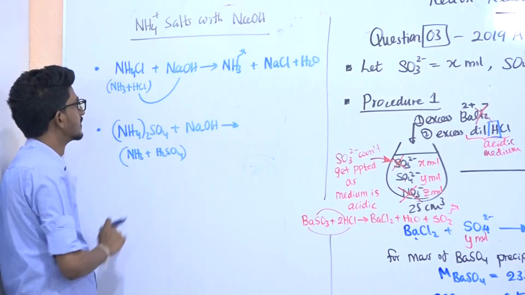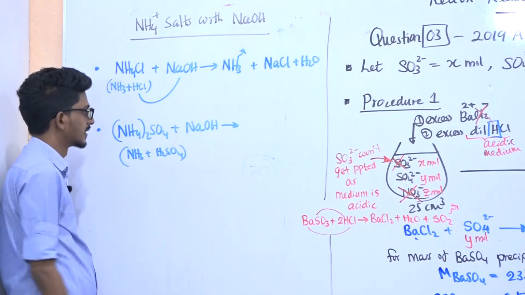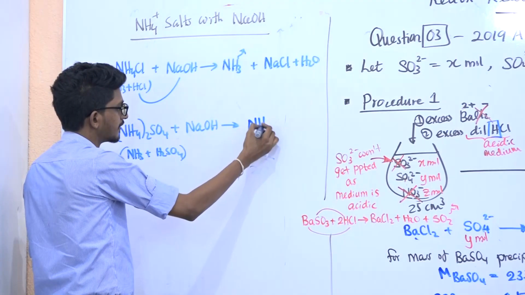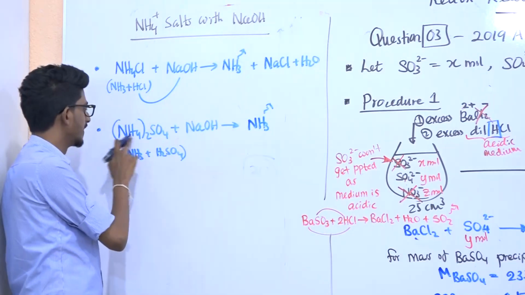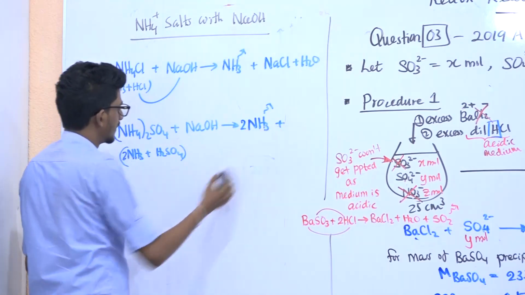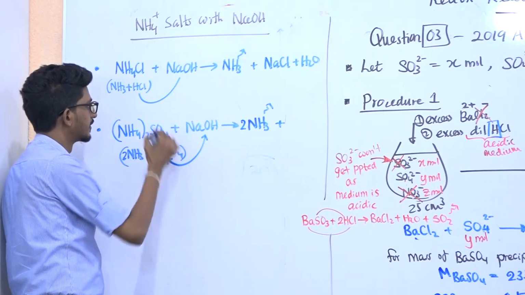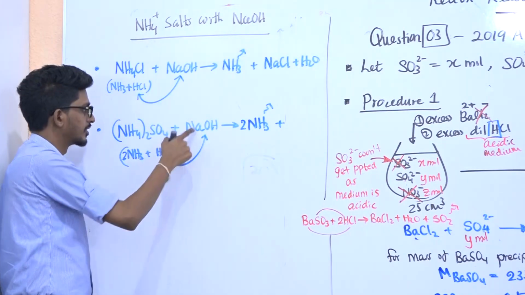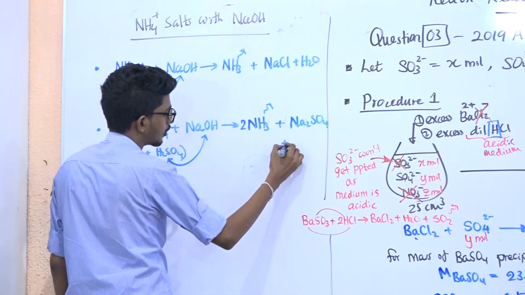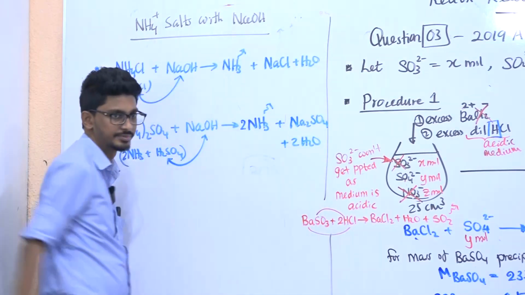SO4 2- acid එක, Cl acid එක. Right? එතකොට reaction එක කොහොමද ලියන්නේ? First the ammonia will release. So you have 2 of ammonia there, right? Then the reaction of H2SO4 with NaOH will give you the salt and water. Alright?